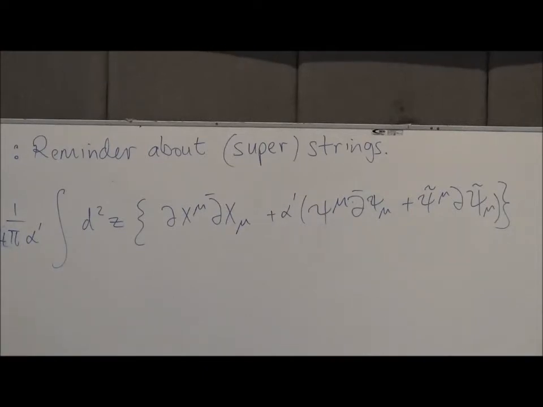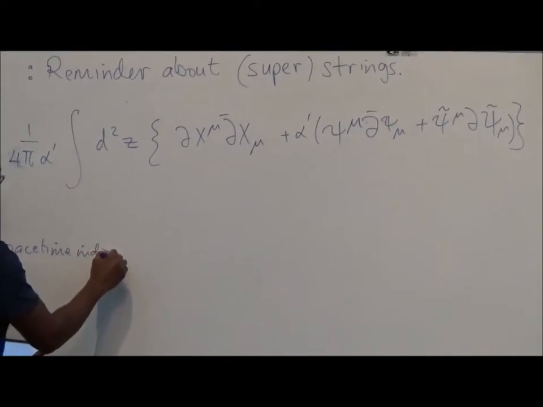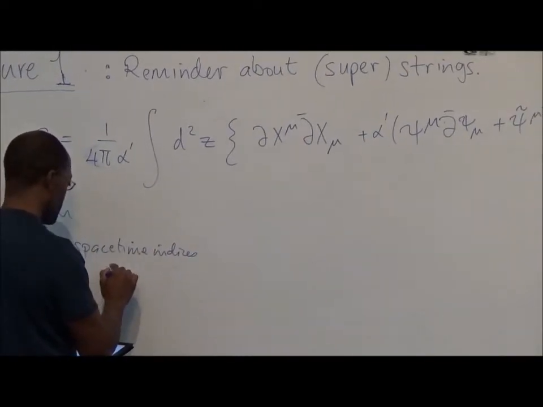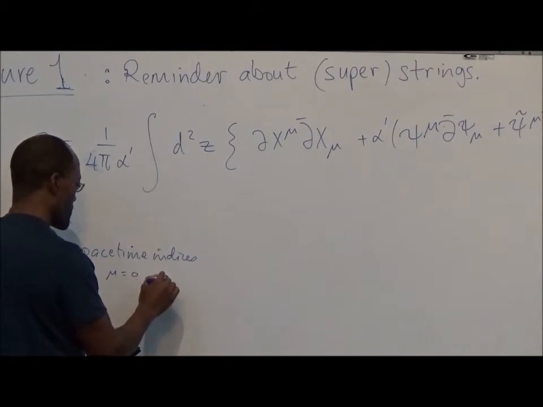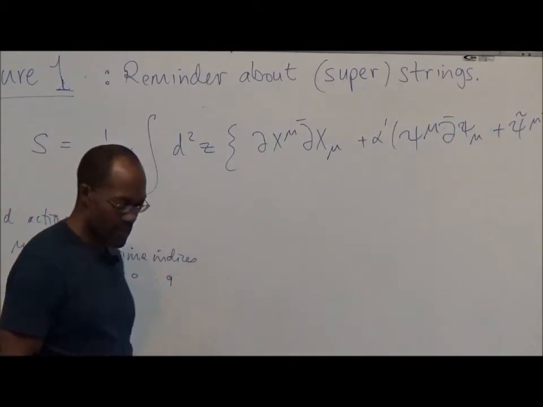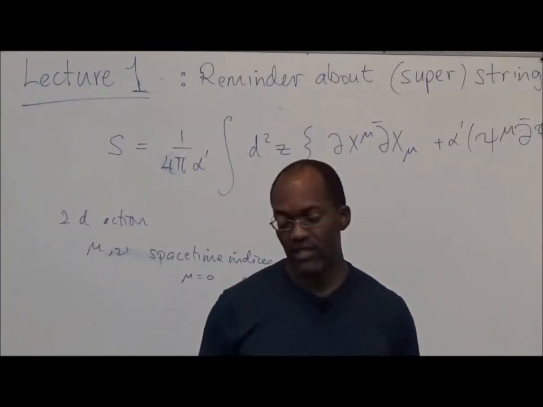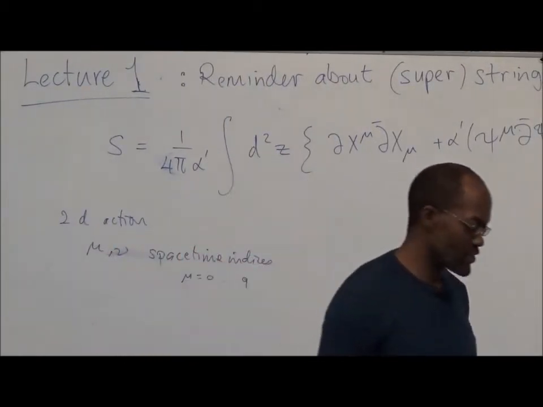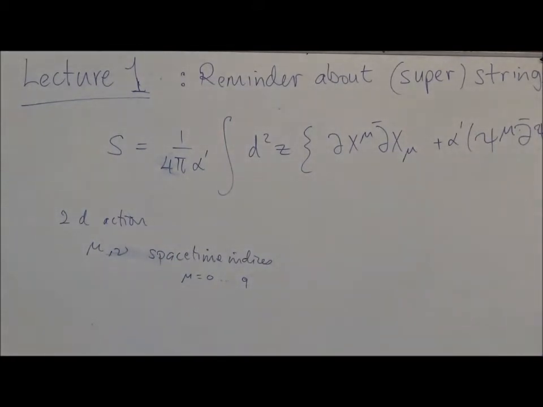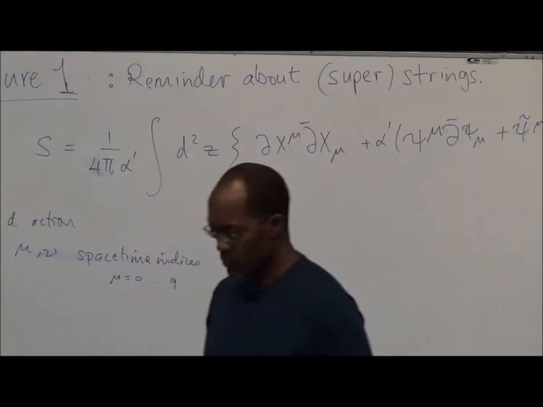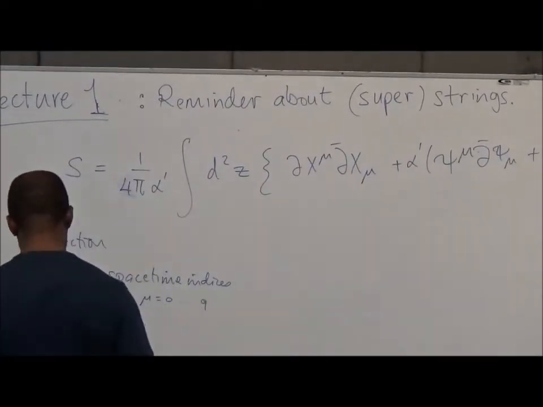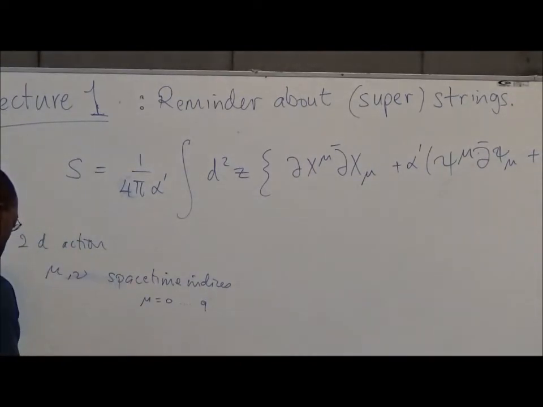Mu and nu I will use as space-time indices, running from 0 to 9. So it's a 10-dimensional string action. There's a lot of work that has gone into showing that 10 dimensions is the number of dimensions that we wish to work in. I'm not going to review all of that. We simply don't have time. So I assume you've been convinced of that before.